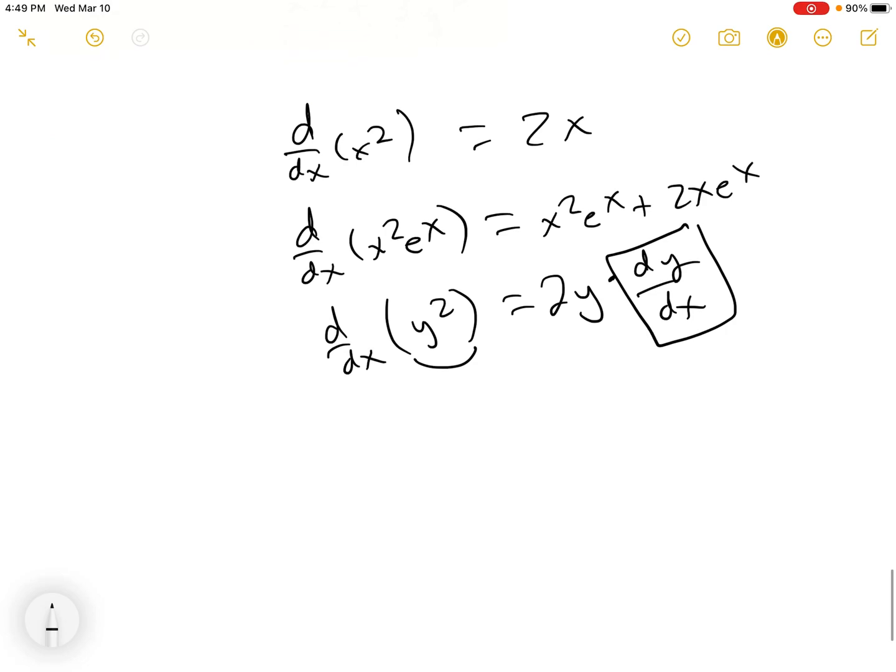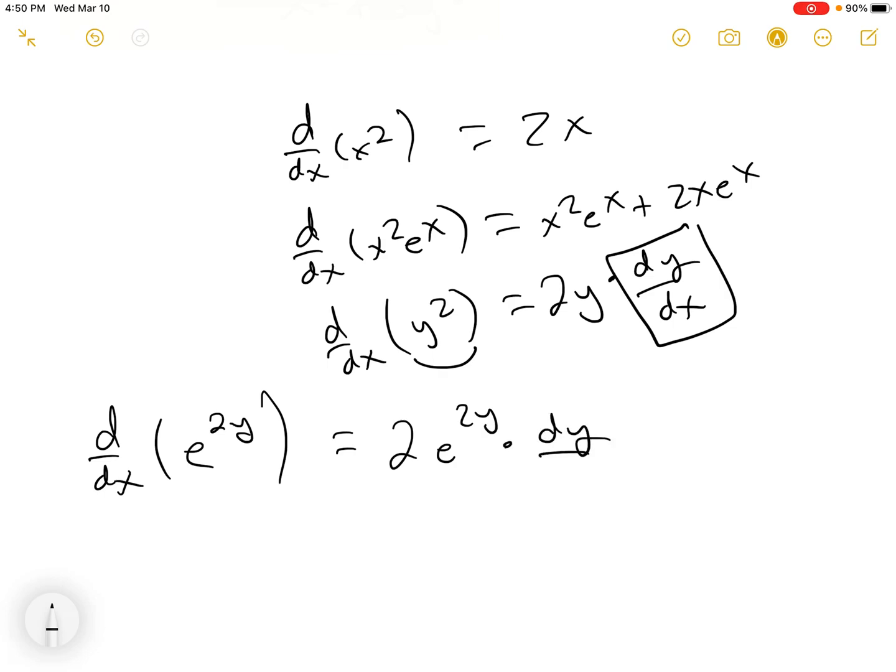Right? So if you were finding the derivative with respect to x of e to the 2y, this would be 2e to the 2y times dy dx.